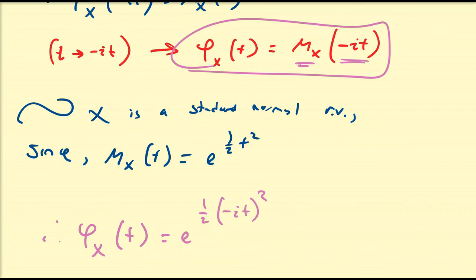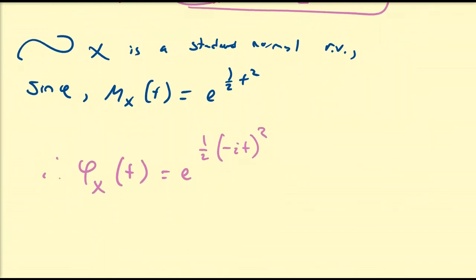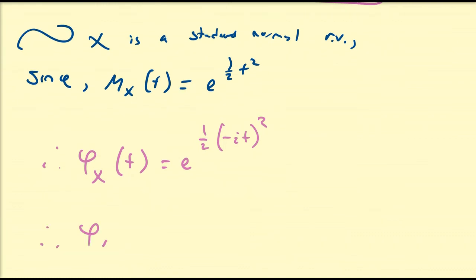When you square a negative, it becomes a positive, so nothing special happens there, but i squared is equal to -1. So phi_X(t) is going to be equal to e to the minus 1/2 t squared.